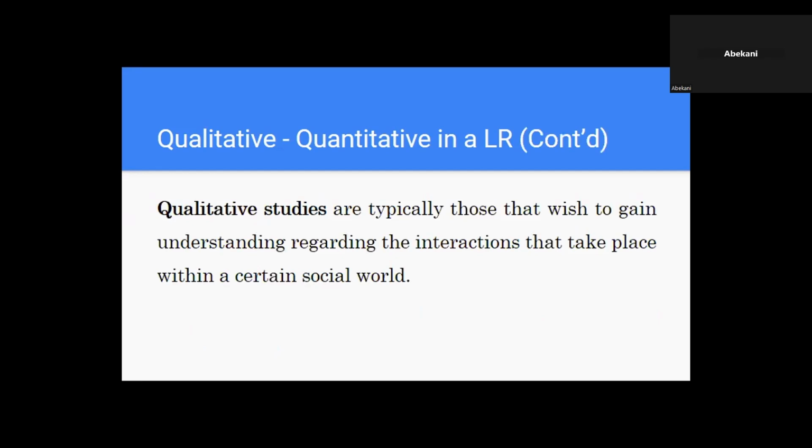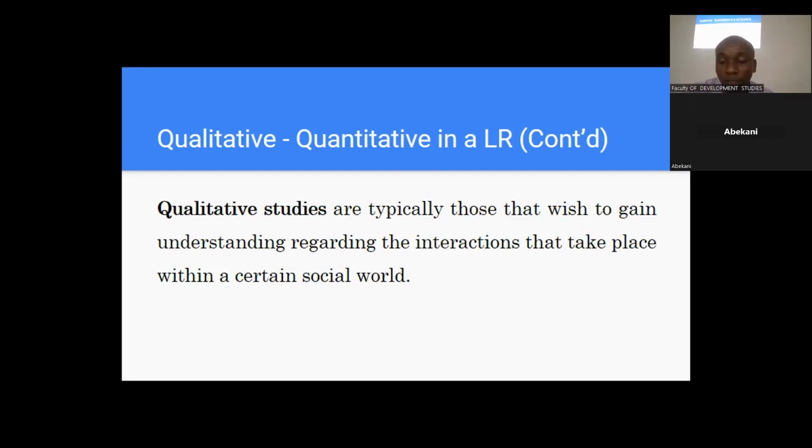Qualitative studies are typically those that wish to gain understanding regarding the interactions that take place within a certain social world. Understanding of interactions. I read another author who said that qualitative studies are about learning what people do together or what they refuse to do together.